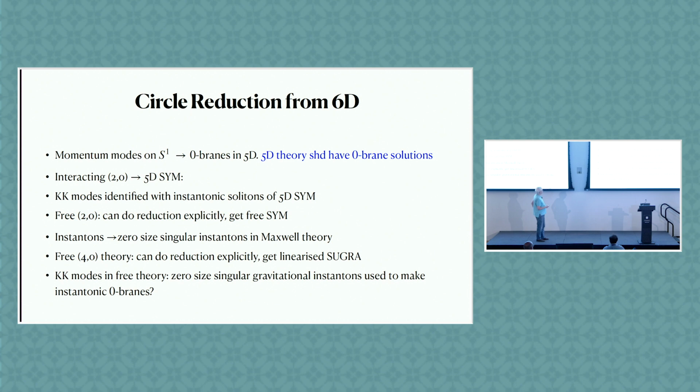For the free 4,0 theory, one could do the reduction explicitly, get linearized supergravity, and the Kaluza-Klein modes in the free theory can be associated with singular solutions in the 5-dimensional free theory, which can be thought of as zero-size gravitational solitons, singular gravitational instantons, the analog of the instantons in the Maxwell theory.